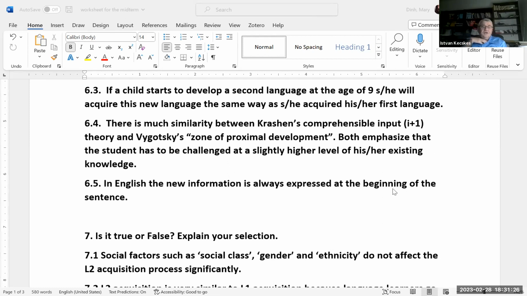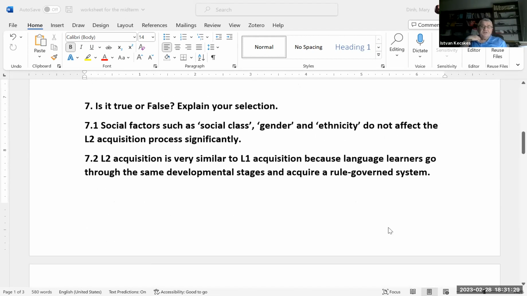Okay, let's look at number 7. It's a little bit similar, but still different. So here you have to make a stance that this is false or true. And usually there is just 2 options here, although there might be some cases where the truth is in between somehow. But in these cases, the important thing is that you have to take a stand and you say that this is true or this is false, and you have to explain why you think that this is false or this is true.